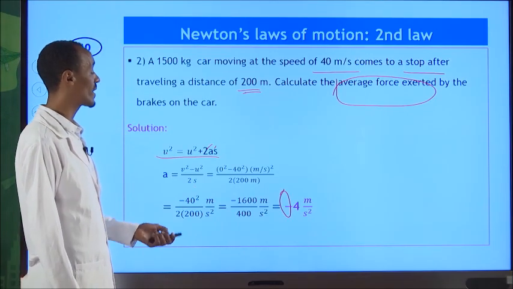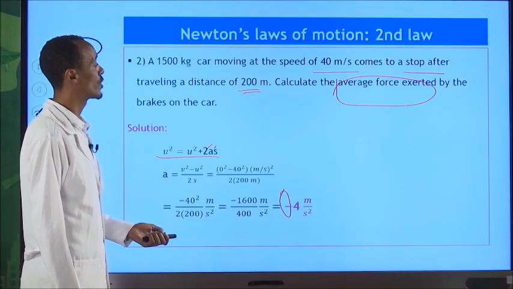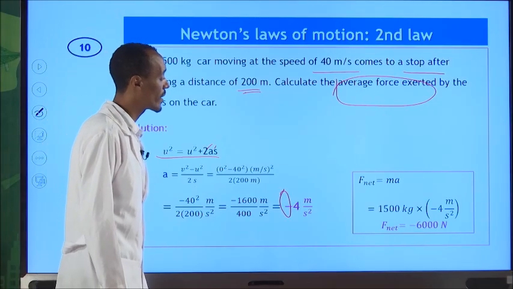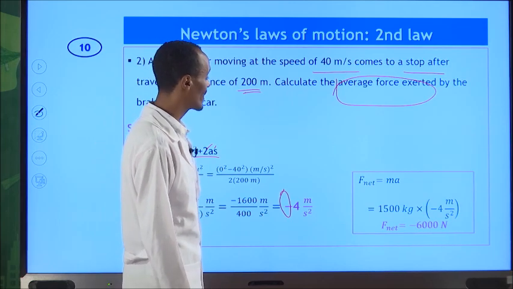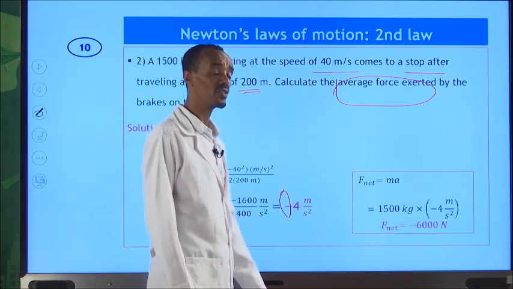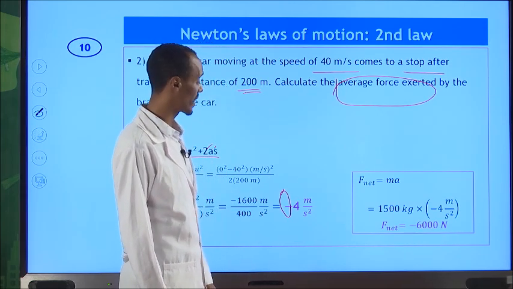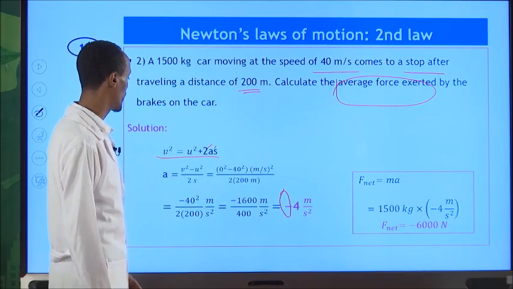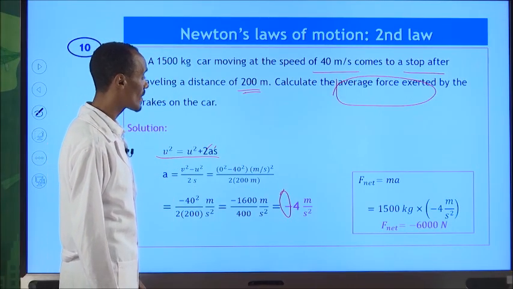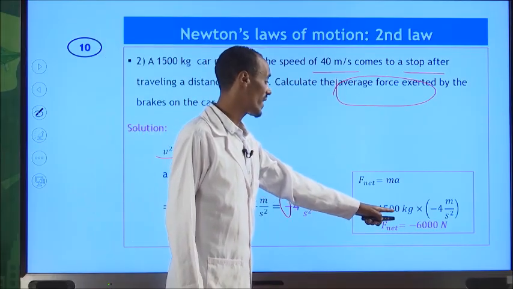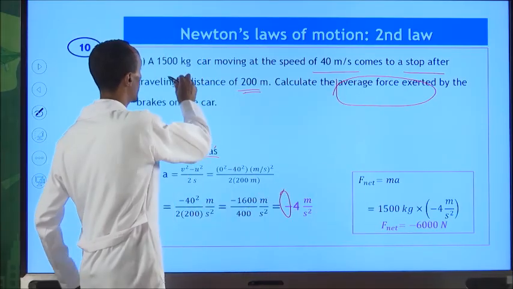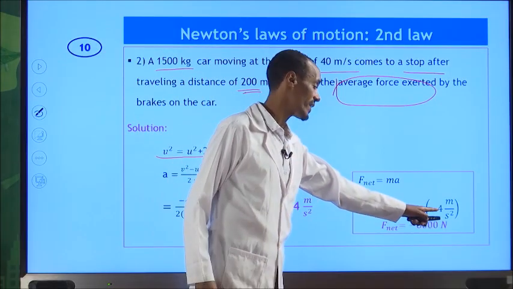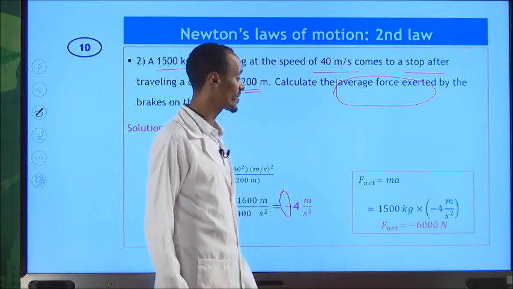Now we can calculate the average net force exerted on the object, simply by using Newton's second law: the net force acting on an object is given by mass times acceleration. We have the mass already given, which is 1,500 kilograms, the mass of the car, and we have calculated the acceleration, which is negative 4 meters per second squared.